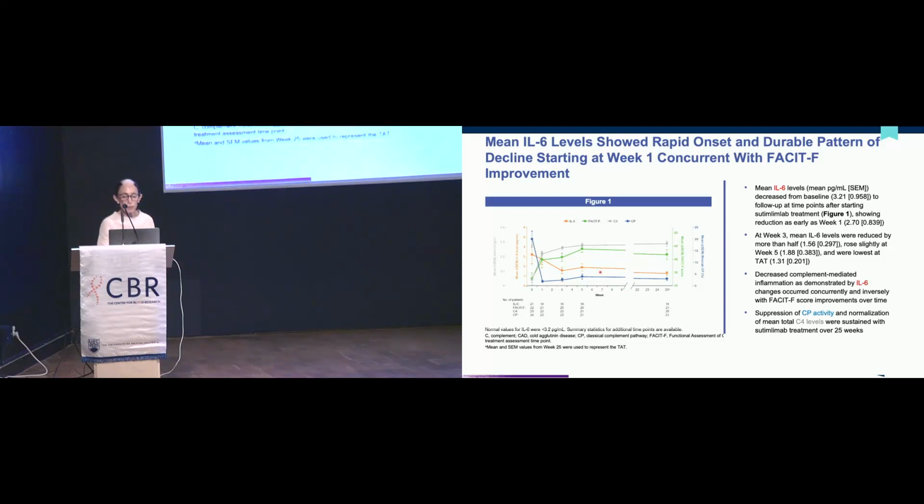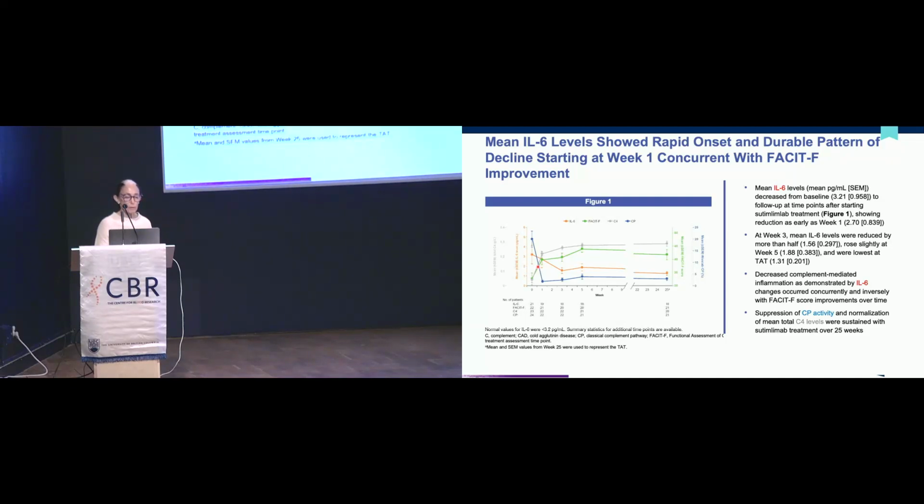And if you look at the FACIT-Fatigue response, which is in green, you could see it's inverse with the IL-6. So this is even before the hemoglobin is getting better. And so, again, suggesting that the fatigue in these complement-driven diseases is really related to cytokine activation. And you can shut that off with a complement inhibitor.